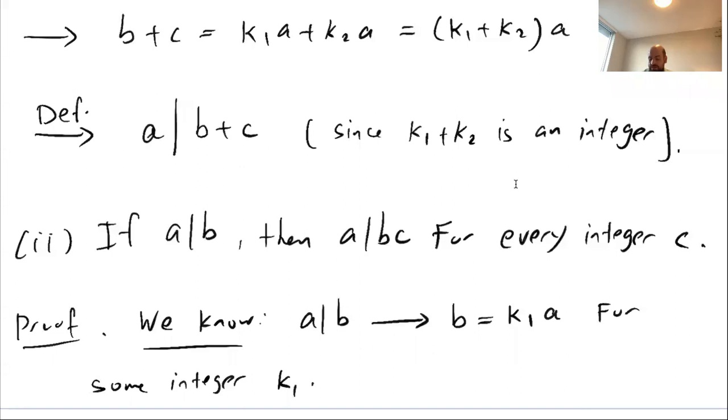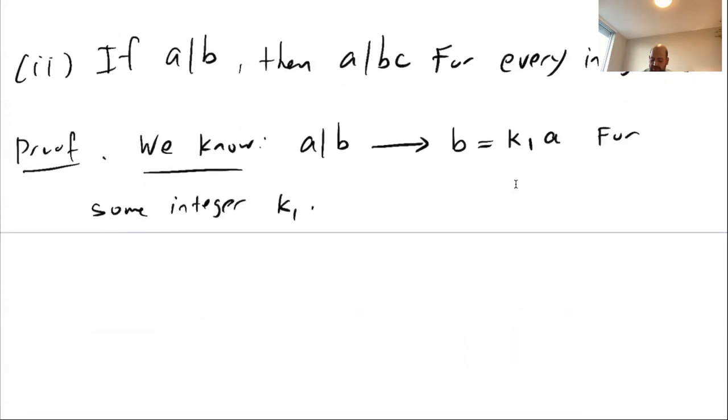Well, I already know B is K1 times A, and I need BC. So that means I have to make BC appear and then see whether A is a factor of BC or not. Now, B is K1A. So how can I make BC appear? That's, again, easy to do. I can just multiply both sides by C, right?